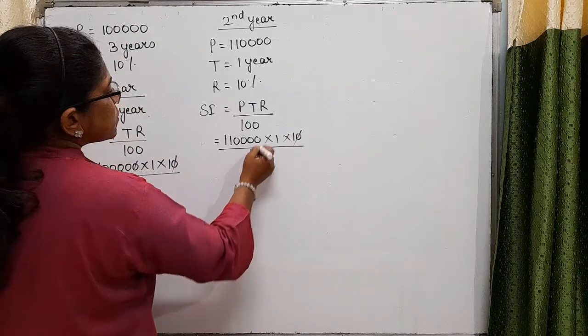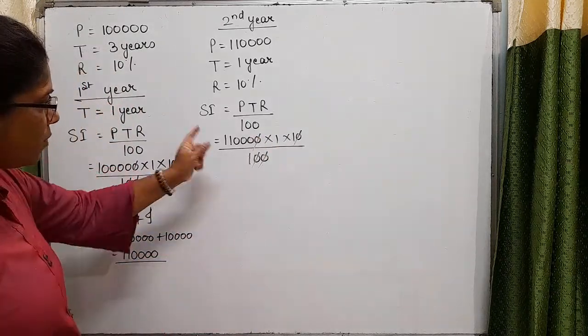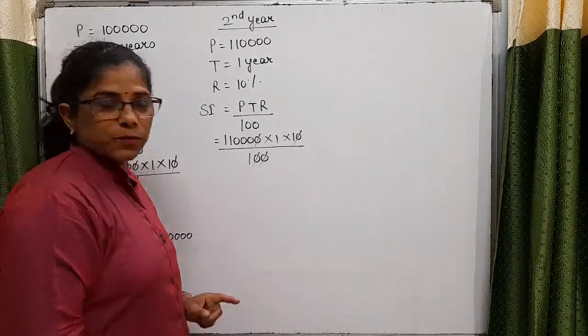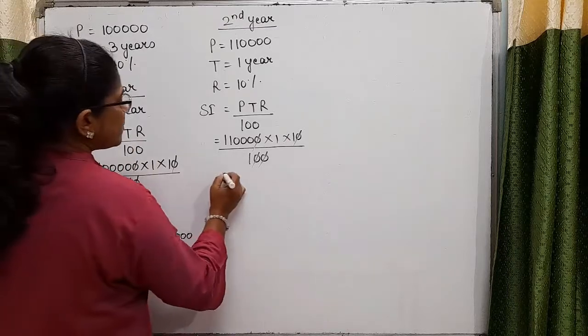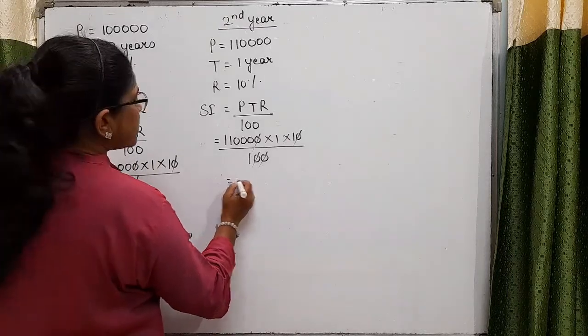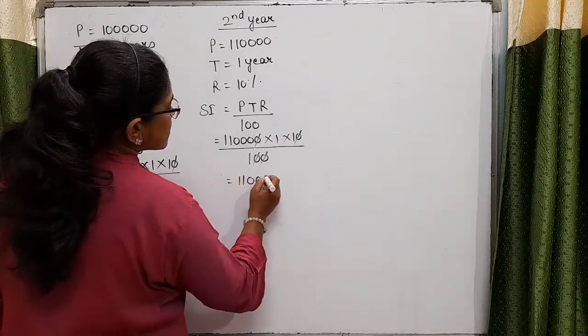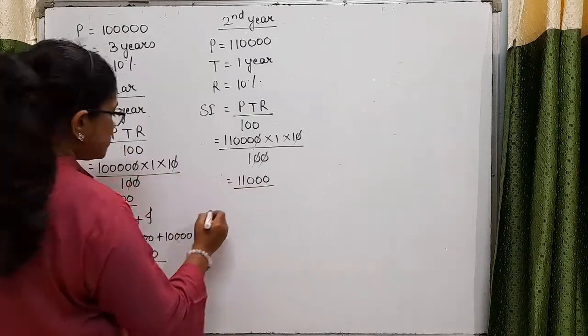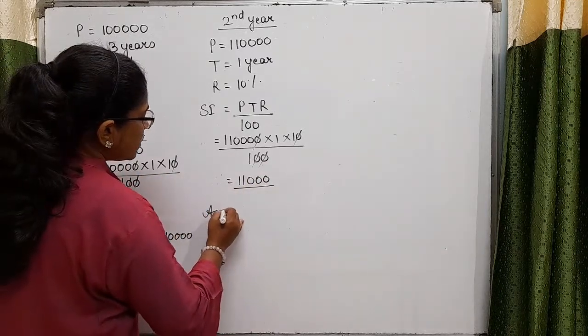The zeros cancel. Now what do we have here? 11,000. So the interest is 11,000. So what is the amount after 2 years?